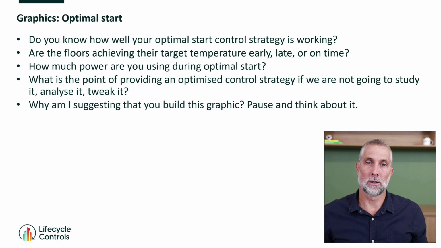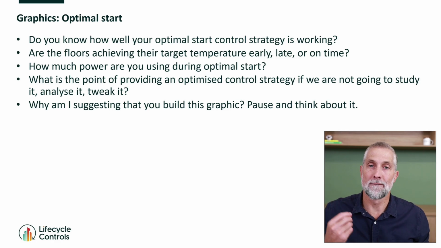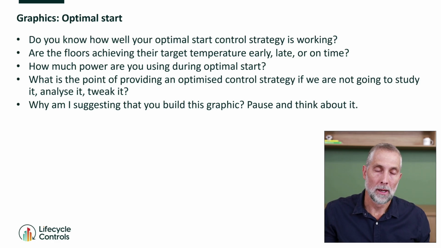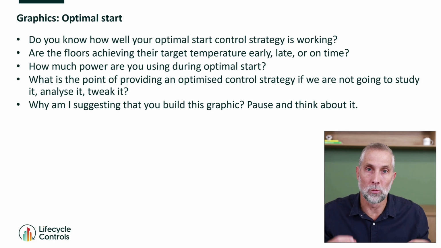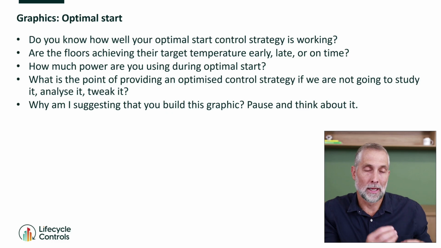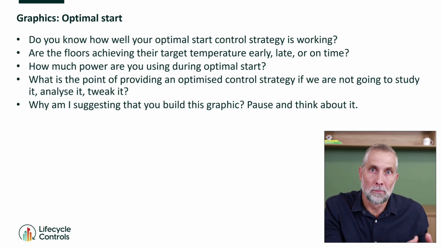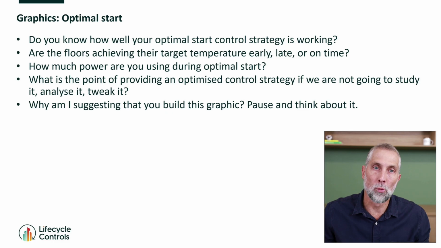We test that the optimal start control strategy functionally works, but I don't think we tune it moving on from there and actually check, is it working the best way it can? Can we improve it, make it a bit better, save more energy? We don't do that, I don't think.